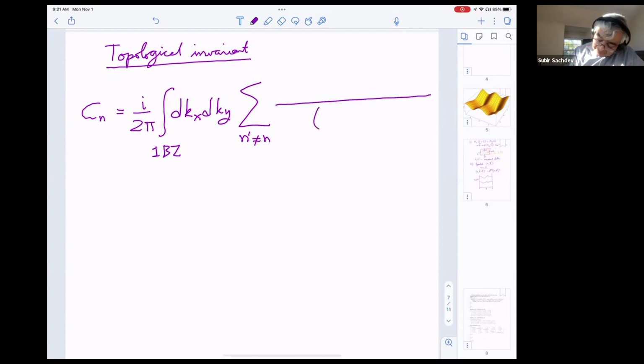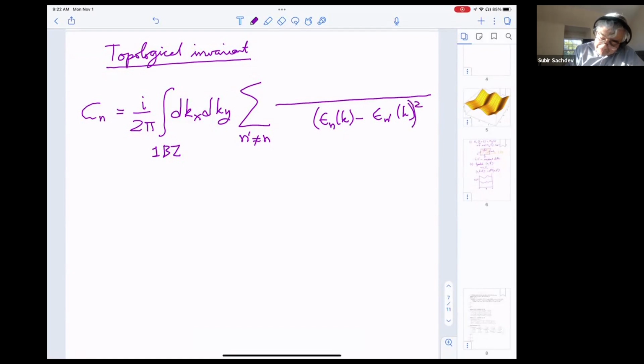The denominator is the difference in the energies, squared.